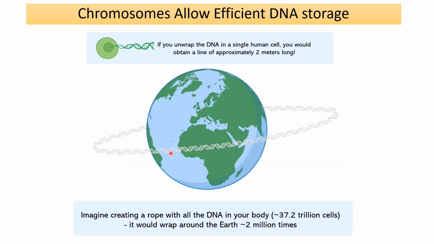So that's why having chromosomes and developing mechanisms to squash the DNA and compact it is very essential for our very being. Because without chromosomes and without high compaction of DNA, the cell wouldn't be able to fit the DNA within it.